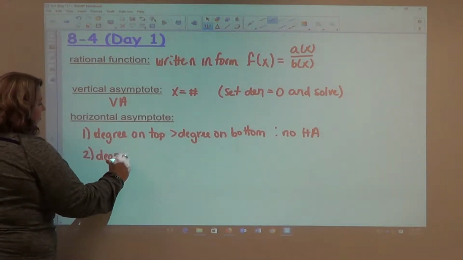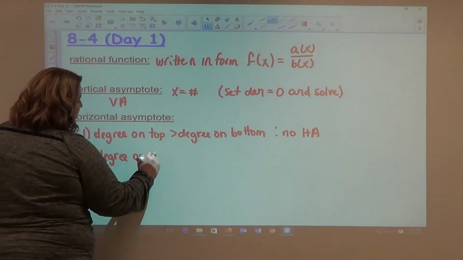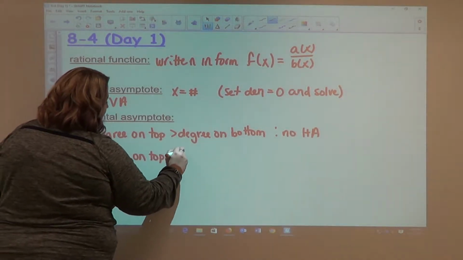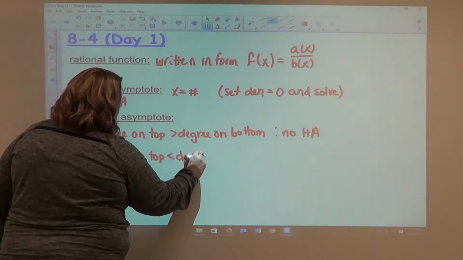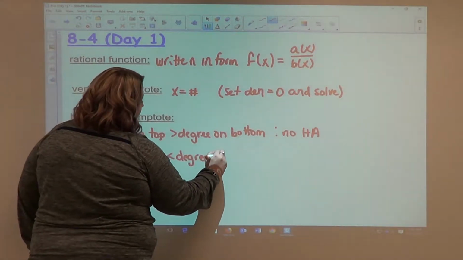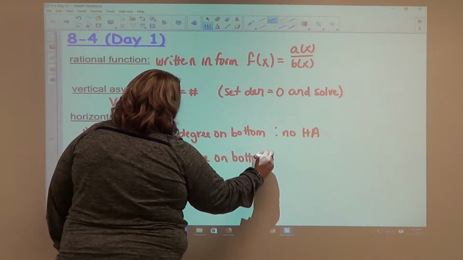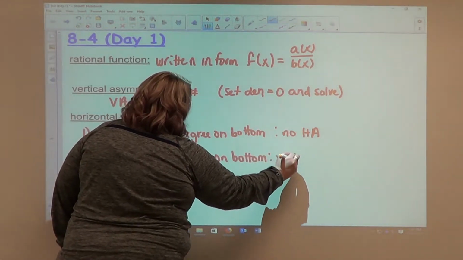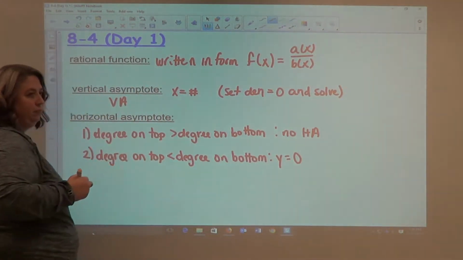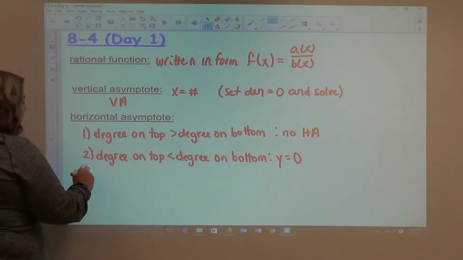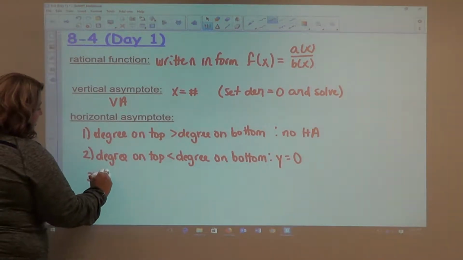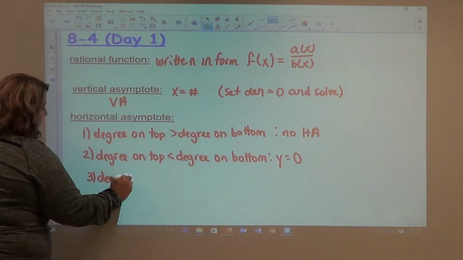Okay, so second rule, if the degree on top, so the highest exponent, is less than the degree on bottom, then it's y equals 0. Then your third rule is what you do if they're the same.